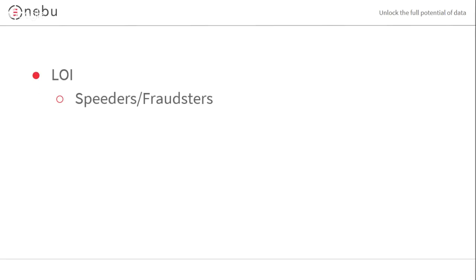So if you've got a lot of very, very quick completes, you might want to investigate those and see whether there's any straight lining in it, how people have gone through those different questions, perhaps have different indicators on the length of individual questions, those ones that are probing for more information to see whether they genuinely could have read that question or not.